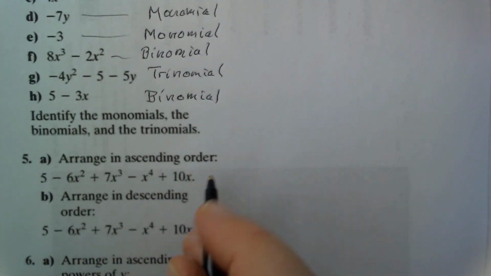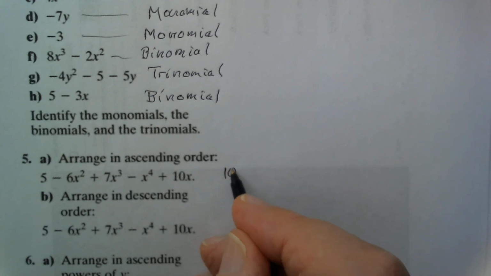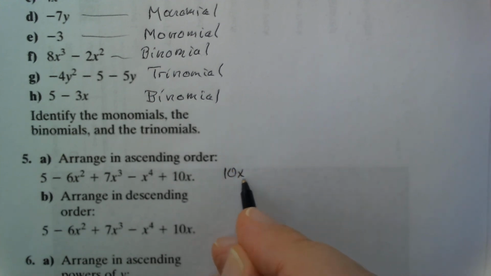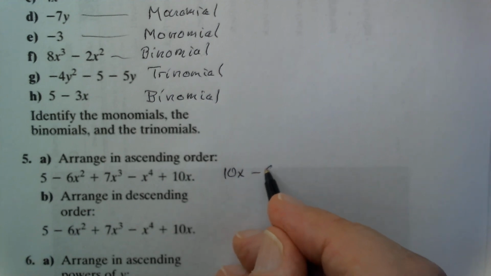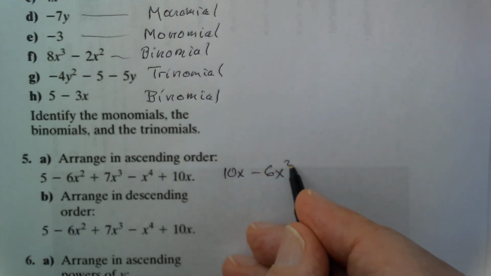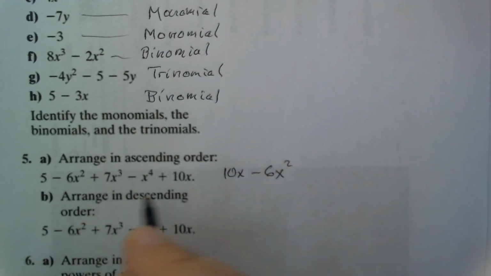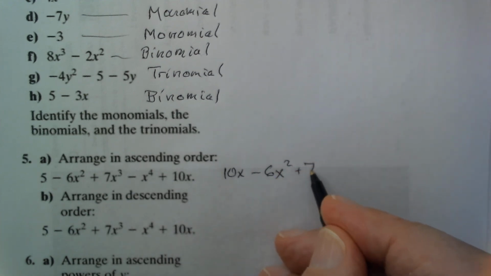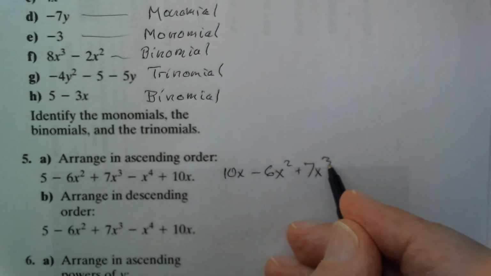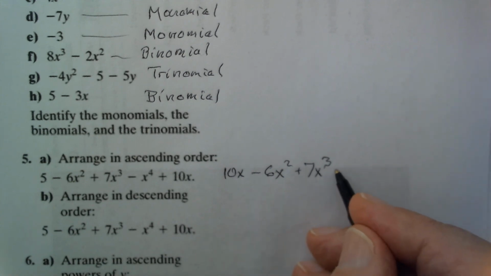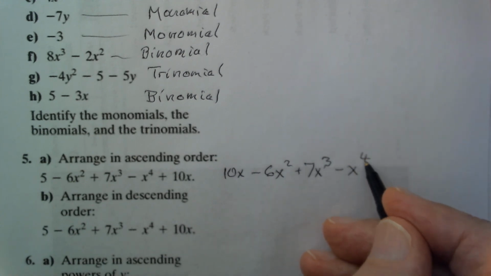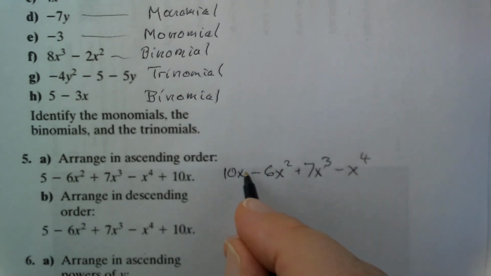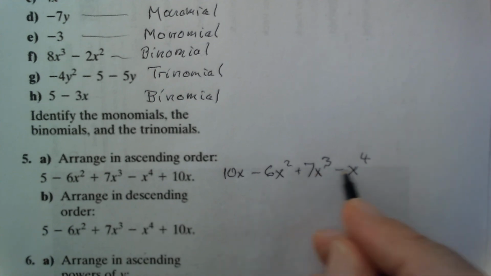There has only one exponent, so exponent of 1, 10x. And then would be minus 6x squared, or 6x to the second power. Then we have 7x to the third power, or 7x cubed. And then we have minus x to the fourth. So you can see that the powers of the variable increase from left to right.